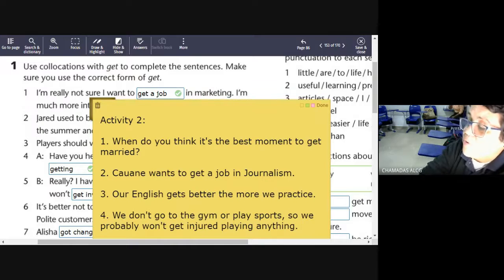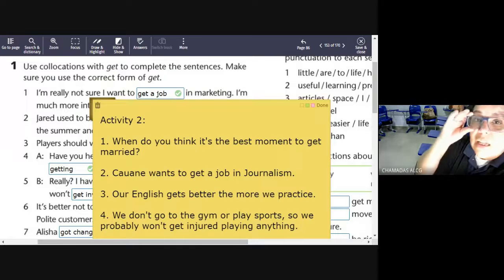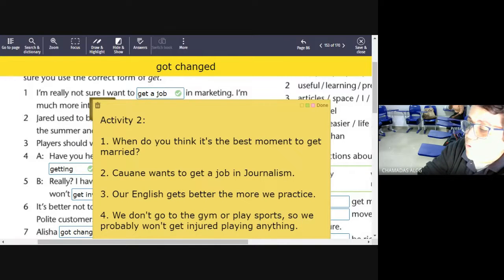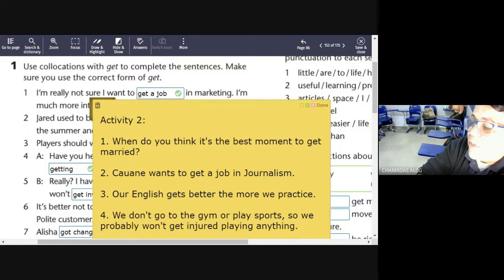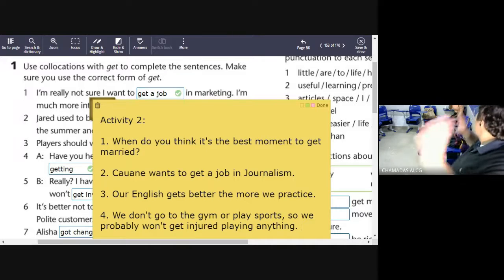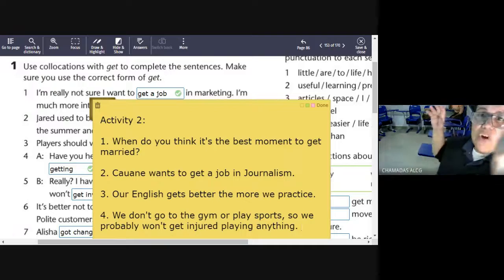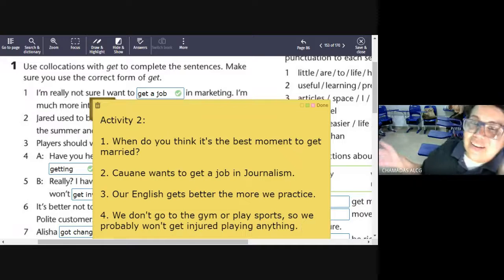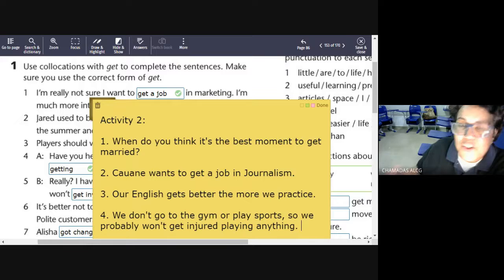So this is something that we can tell, judging our lifestyle, the things we do and the things we don't do. Like, we don't go to the gym or play sports, so we probably won't get injured playing anything. Only if we decide to play out of nowhere. Oh, let's play soccer. And then chances are you will get injured, right?